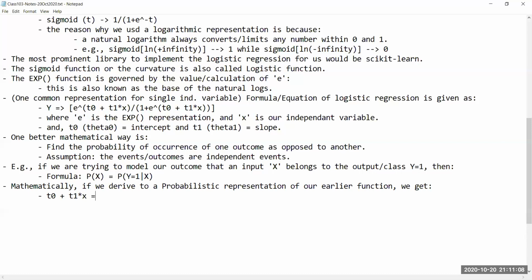This terminology can now be represented as the natural log of something, and that something is the probability of x divided by 1 minus the probability of x, right?